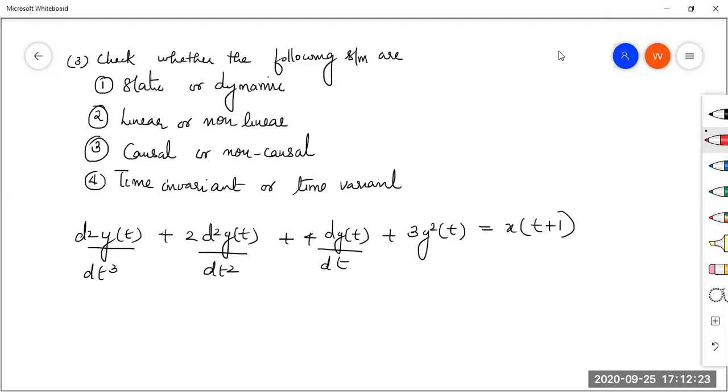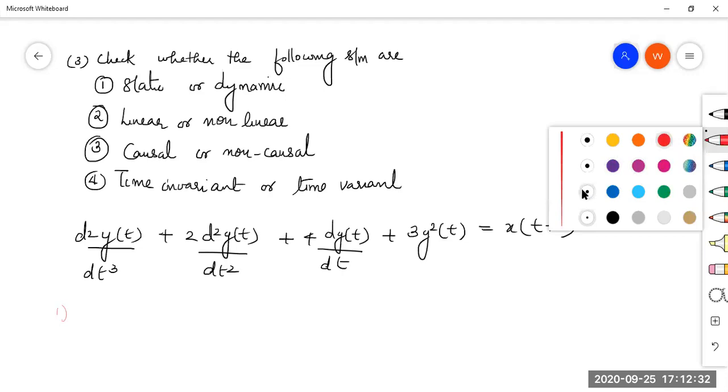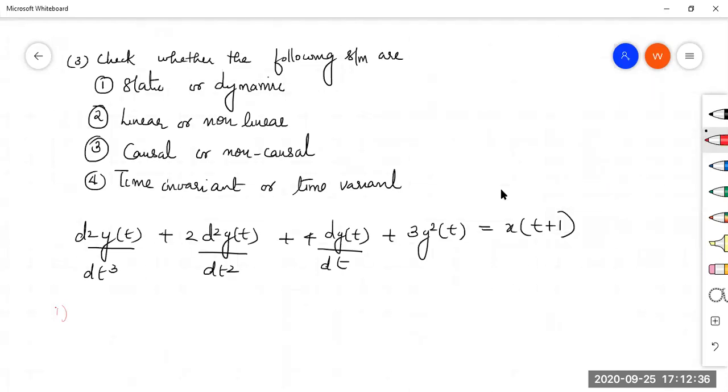So we will see the first one. First, we have to check whether the system is static or dynamic. A static system means the output of that particular system should depend only on the input at that particular time, that is, the present time.